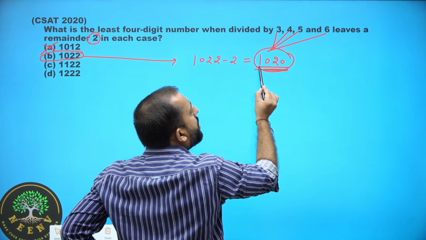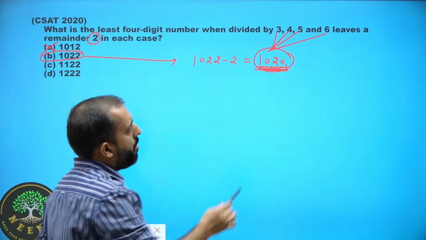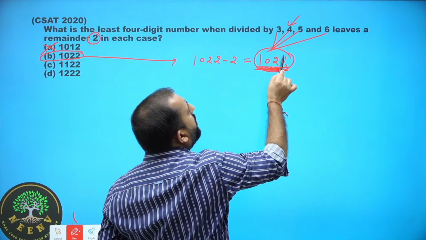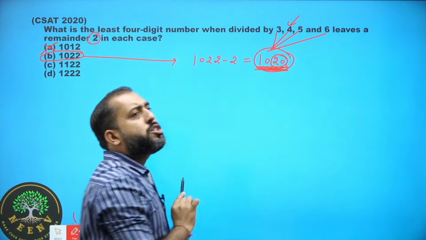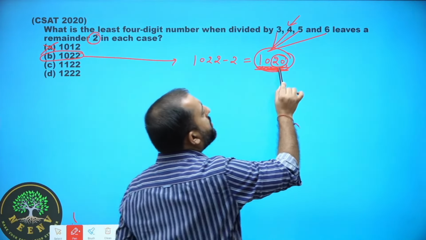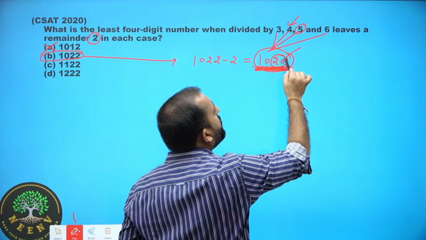Why? Because sum of its digits is divisible by 3. This number will definitely be divisible by 4 because the last 2 digits of 1020 are 20 and that is divisible by 4. This number is divisible by 5 also. Why? Because this number is ending with 0.